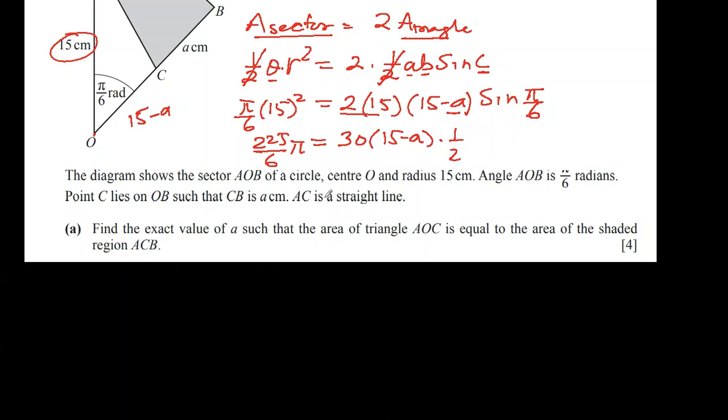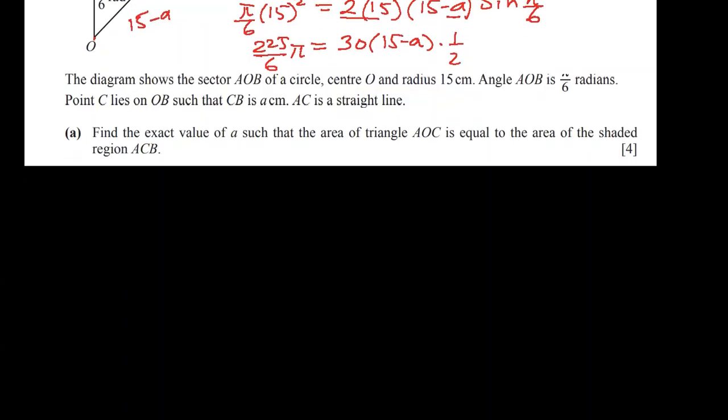We can find the value of A. So this 2 and this 30 cancel out. So what are we left with? 225 over 6 pi is equal to 15 times 15 minus A.